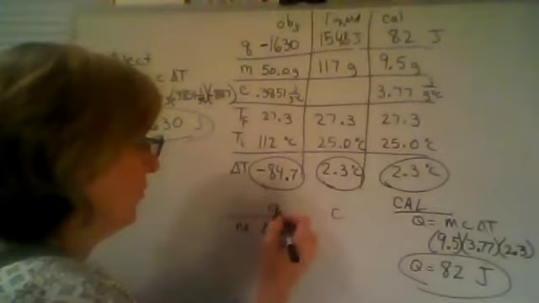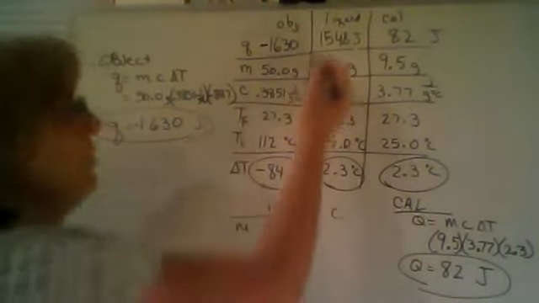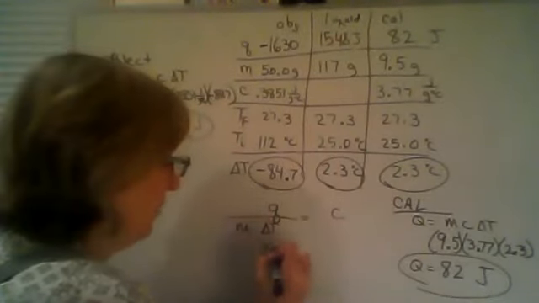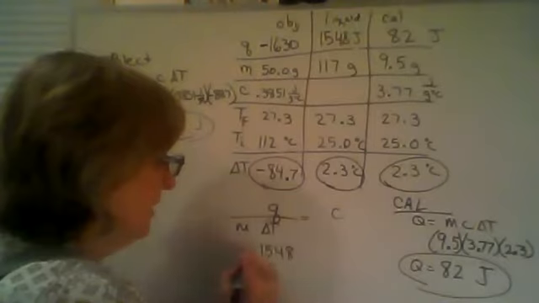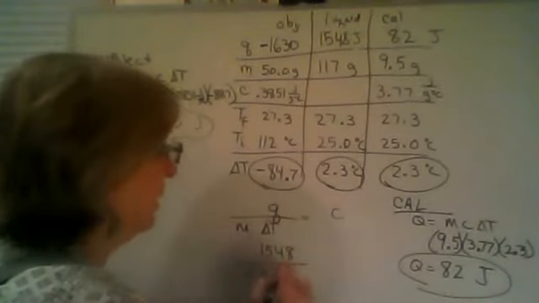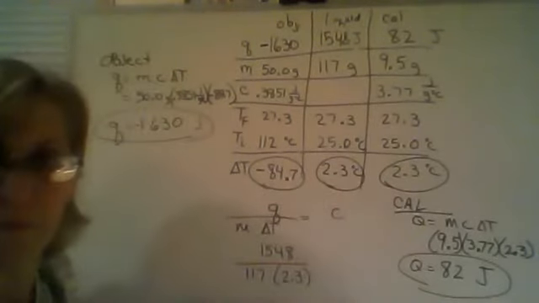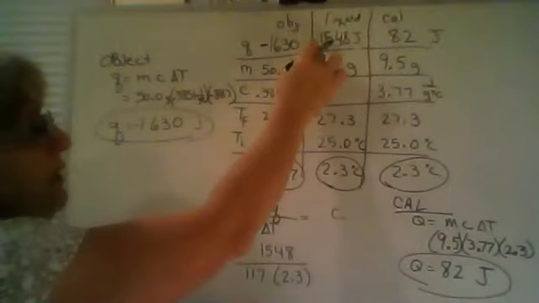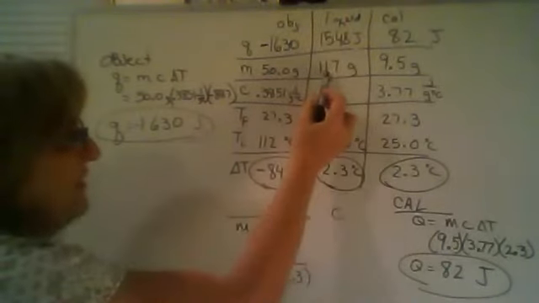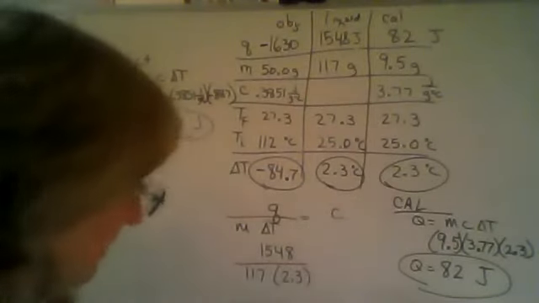C equals Q divided by M delta T. And we just plug in. 1548 divided by 117 times 2.3. You plug it in.